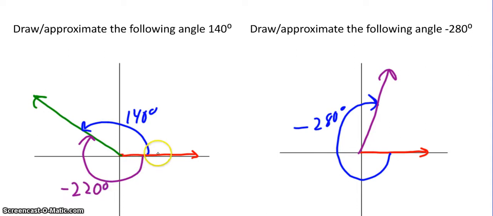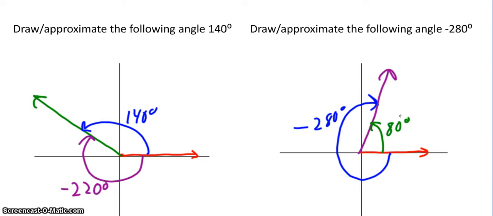But notice they have the same initial and terminal side. Same thing over here, if this is negative 280 degrees, then this angle here would be positive 80 degrees.